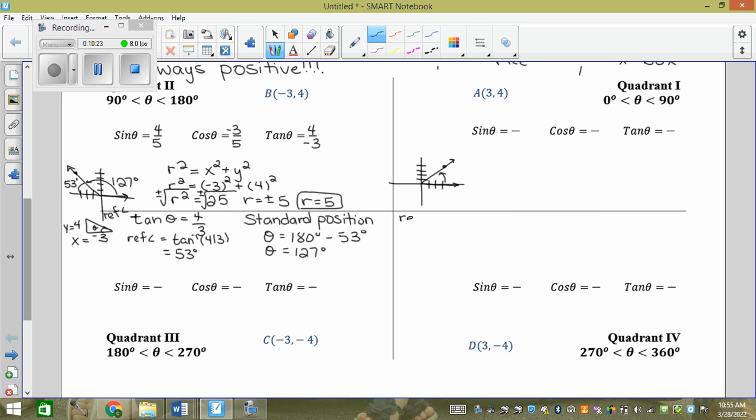So the reference angle equals, we do it by going tan theta, and we have our little triangle. So we have 4 and then 3.